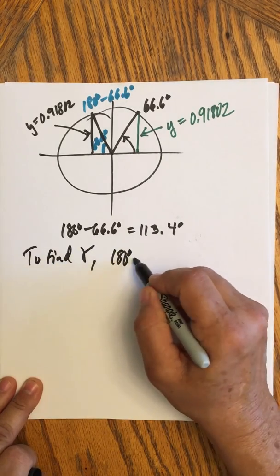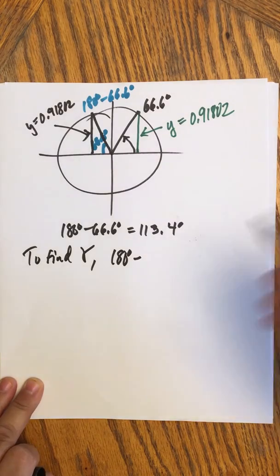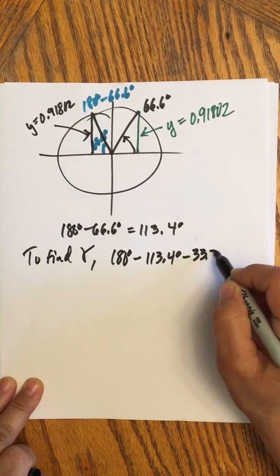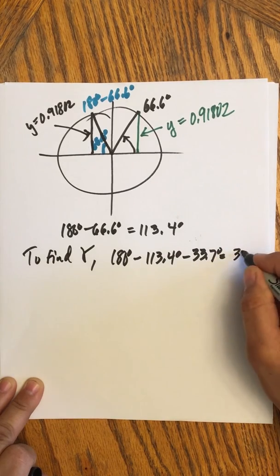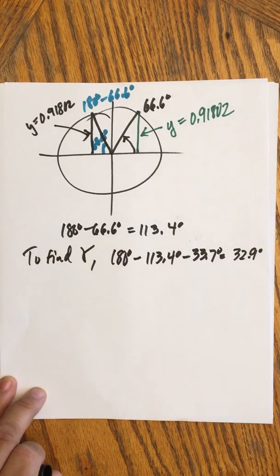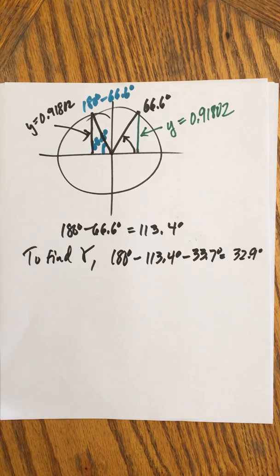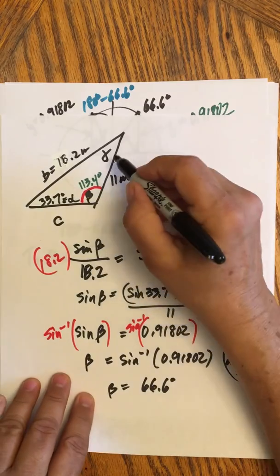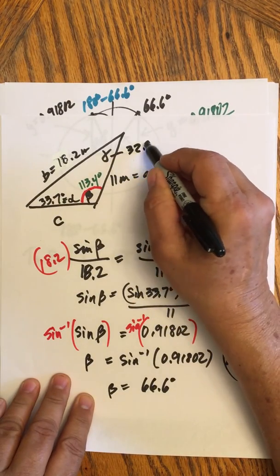Take 180 minus the 113.4 we just found minus the 33.7 that they gave us, and we'll get 32.9 degrees. Okay? So now this is 32.9 degrees.